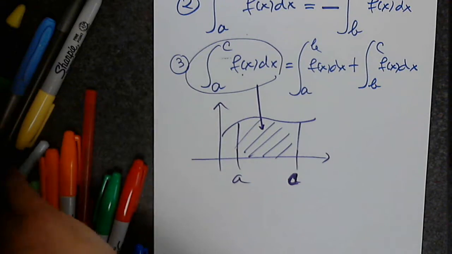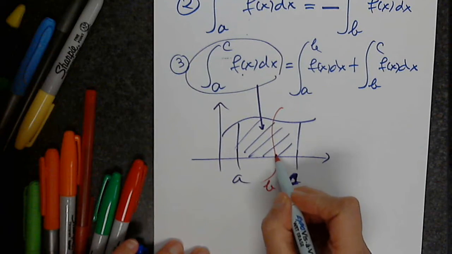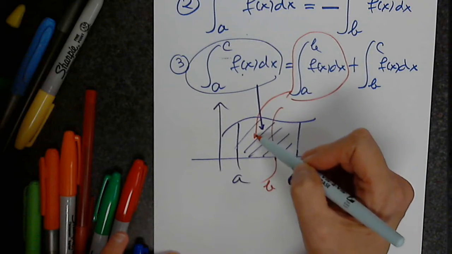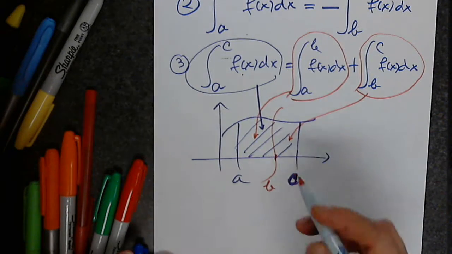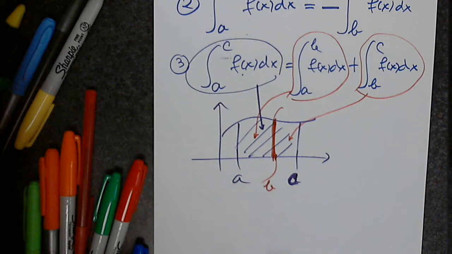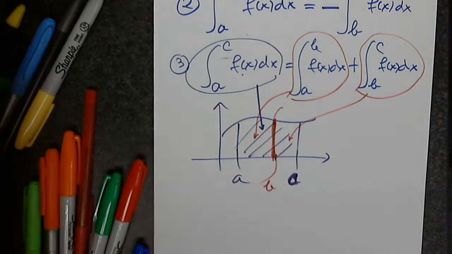If I break this somewhere, anywhere I want, let's say here, that's my b, then obviously this is the first piece and this is the second piece. I should have shown just a straight line. So the integral from a to c is the sum of two integrals: the integral from a to b plus the integral from b to c. Any questions? Okay. Next property.